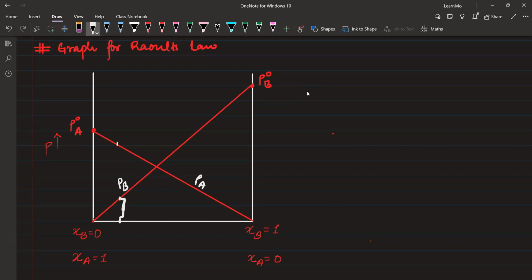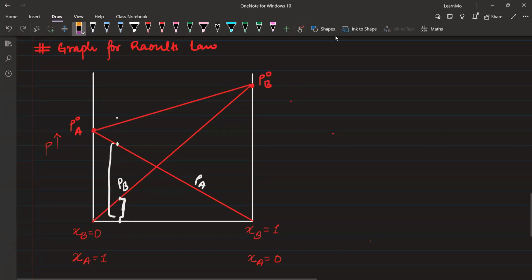Pressure due to A is this much. When you add both of these, you will get a point somewhere here. If you add all of these points, you will get a line which will look something like this. It will go from P naught A to P naught B.